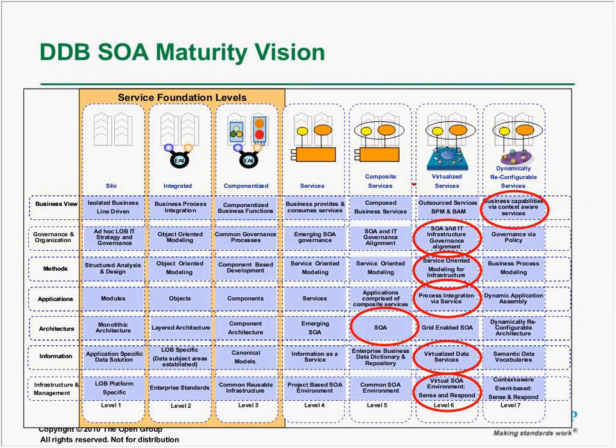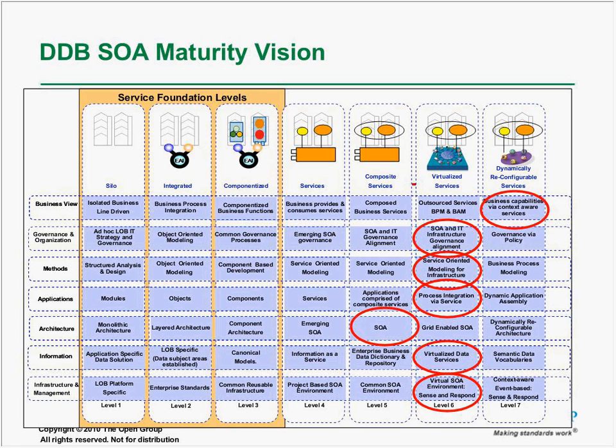So, part of this, if we were a practitioner consulting with the business to determine what the maturity ought to be, the to-be state, the vision, we've determined that in our case for DDB, we want to achieve dynamically reconfigurable services at the business layer.